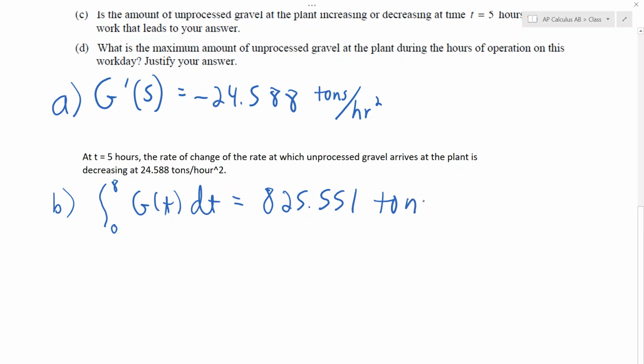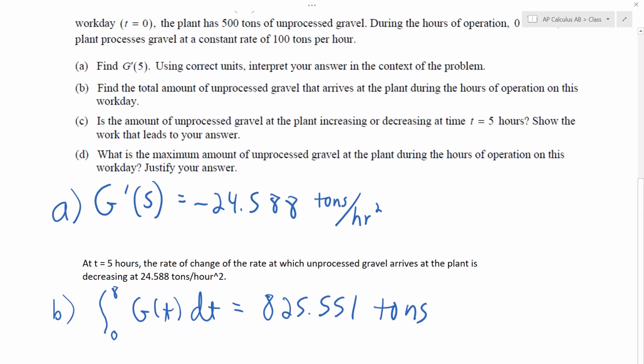Tons. We don't have to add 500 because it doesn't ask how much is there, it asks how much came in. The 500 was already there. Everyone understand that? The 500 is only used if they're asking you for the amount of gravel left at that plant. And they're not. They're asking how much arrived. Is that all they want? That's it. Just put tons on there and you're done.